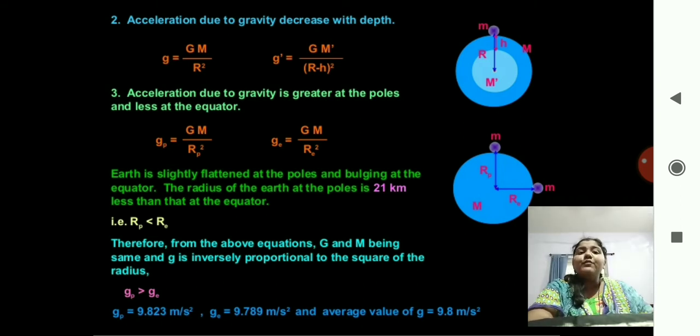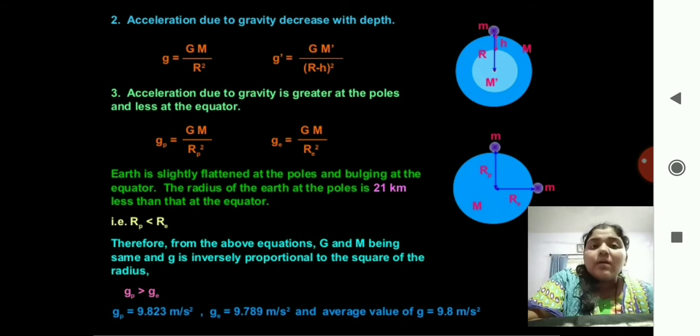The earth is slightly flattened at the poles and bulging at the equator. Therefore, the radius of the earth at the poles is 21 km less than that at the equator. Therefore, the radius at the poles is less than the radius at the equator.